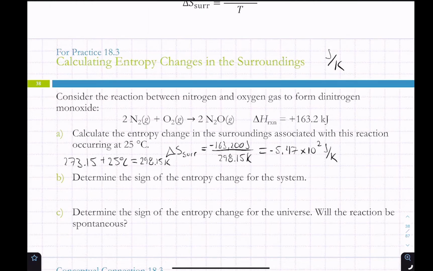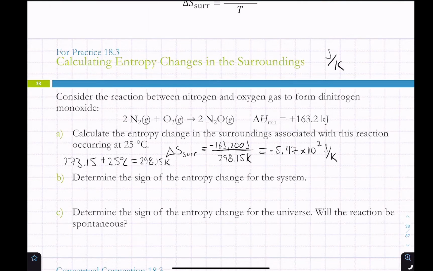Endothermic. So positive delta H is an endothermic reaction. So it's absorbing heat from the surroundings. So our change in entropy for the surroundings should be negative, at least in terms of the temperature change, or the heat change.